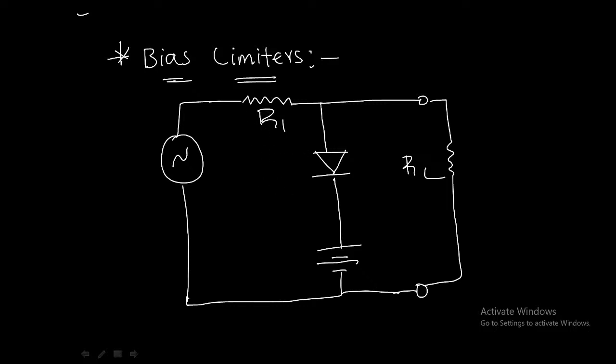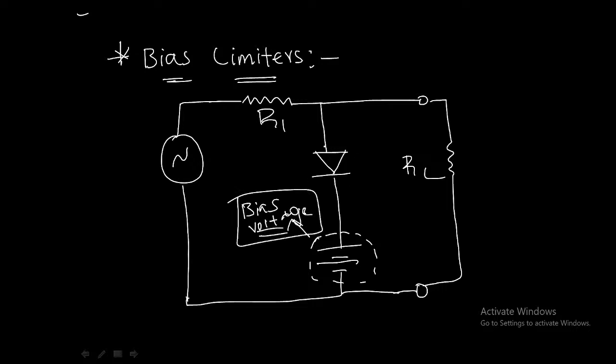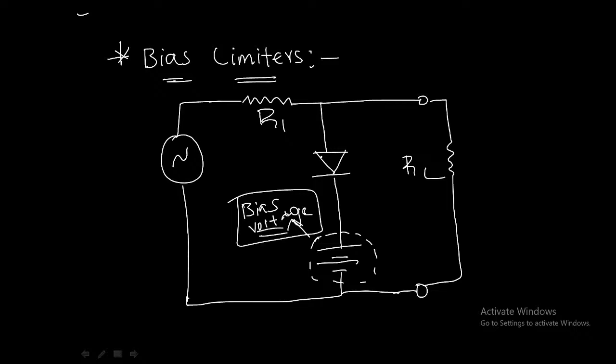In this bias limiter, you are applying a voltage called bias voltage with this diode. The working is the same; there is no difference.